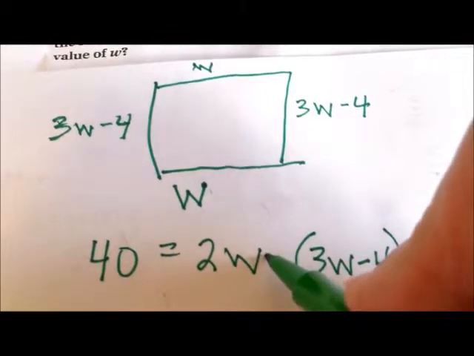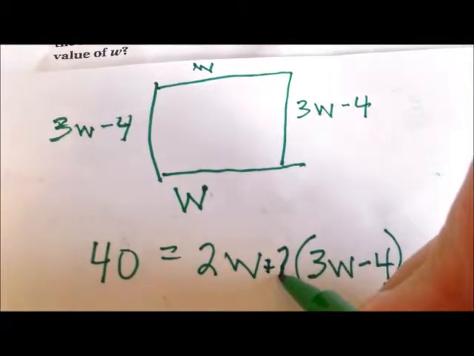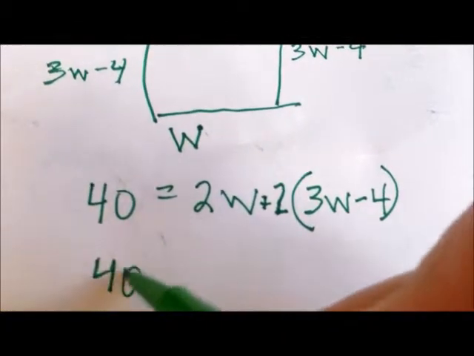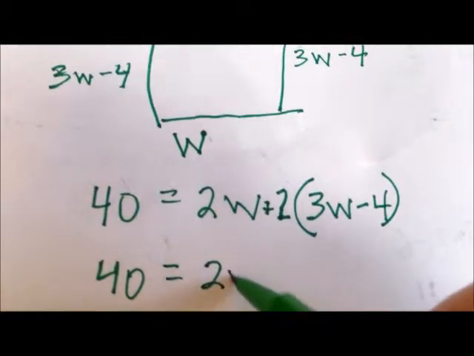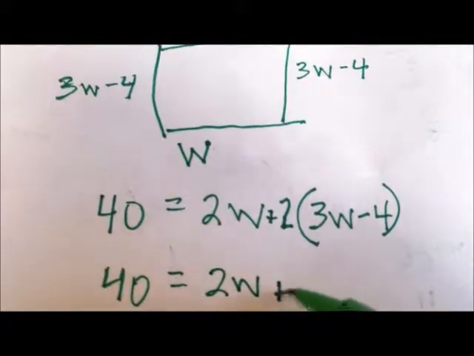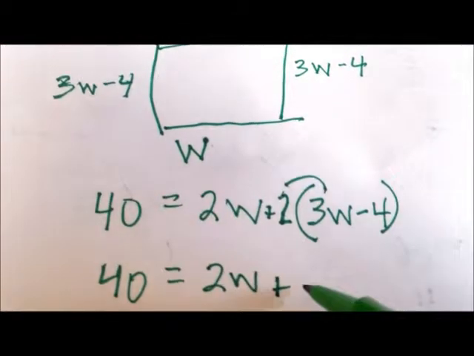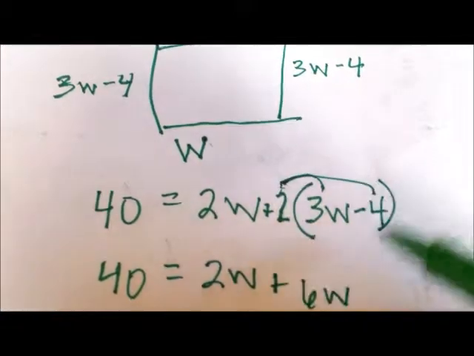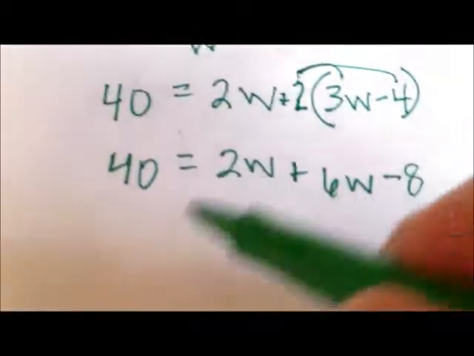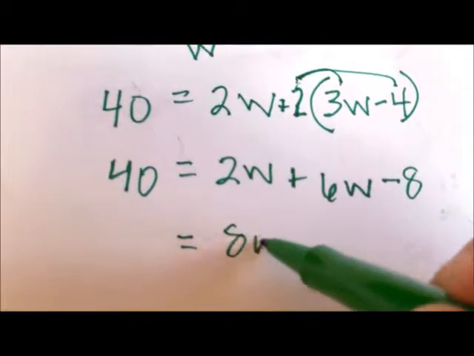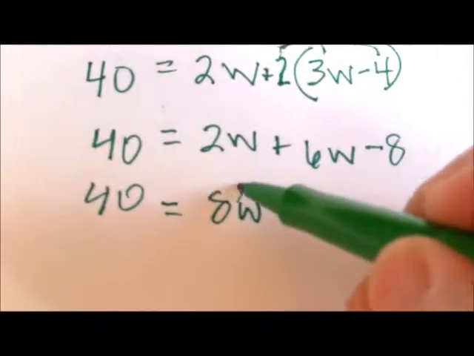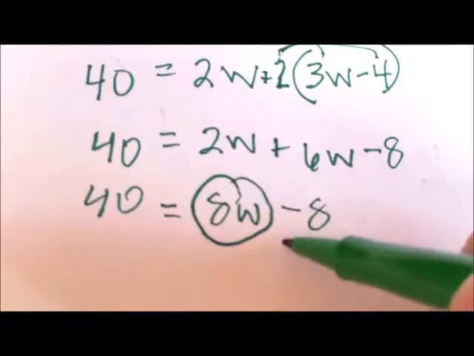And I'm going to add all that together. Okay? So 40 is equal to 2W plus 6W minus 8. So 40 is going to equal to 8W minus 8. If I want to get this alone, I'm going to add 8 to both sides.